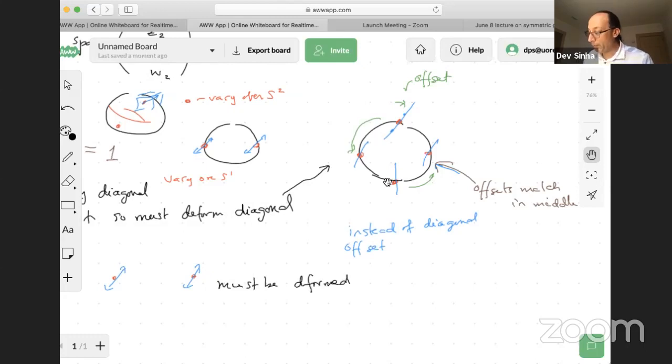Well, if you think about it, for every, this is a diagonal copy of RP2. So RP2 is mapping into a product of RP2 with itself diagonally, or RP infinity cross itself diagonally. If I'm going to deform it, then really it's equivalent to giving a section of the tangent bundle.